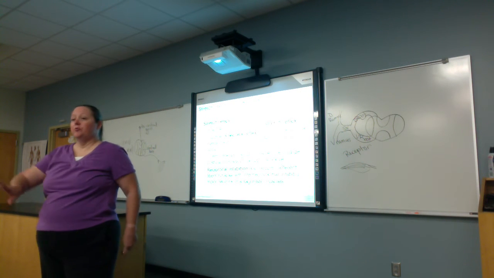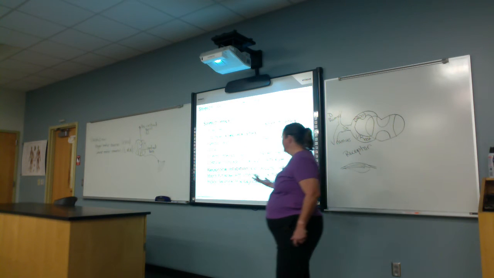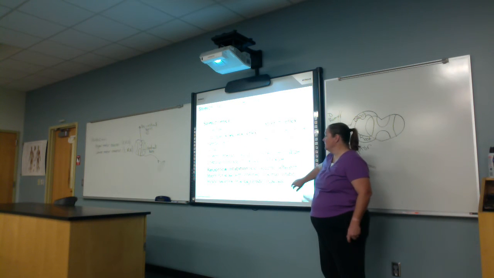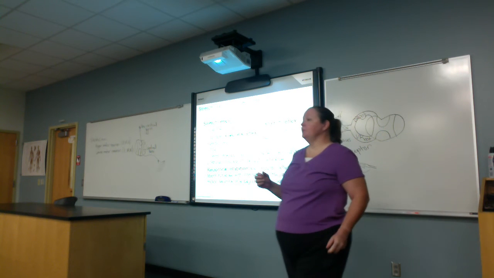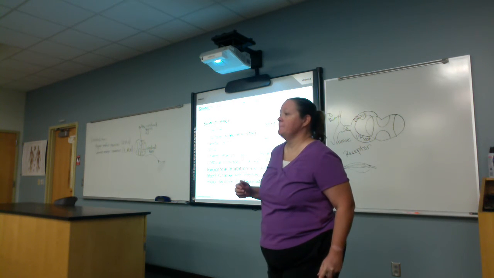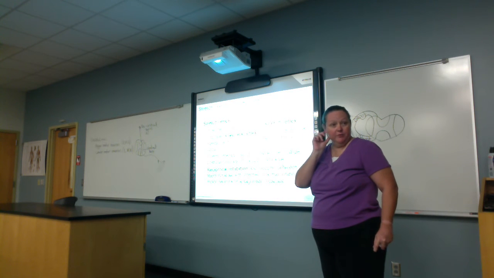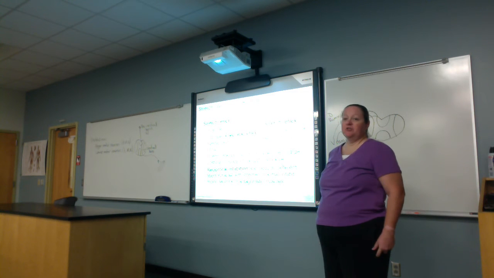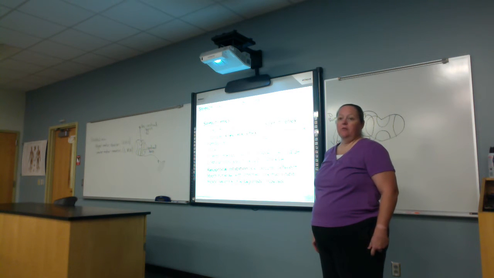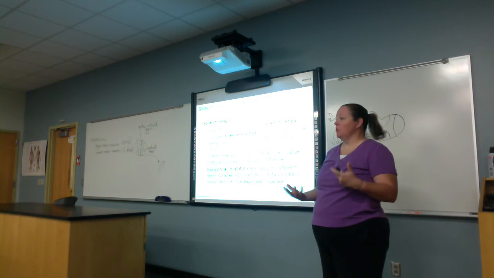So, reciprocal inhibition is going to be if I am tripping and I contract these muscles to try to catch myself, I'm going to relax the muscles on the other side rather than try to slam my knees into the ground by having them go to war.